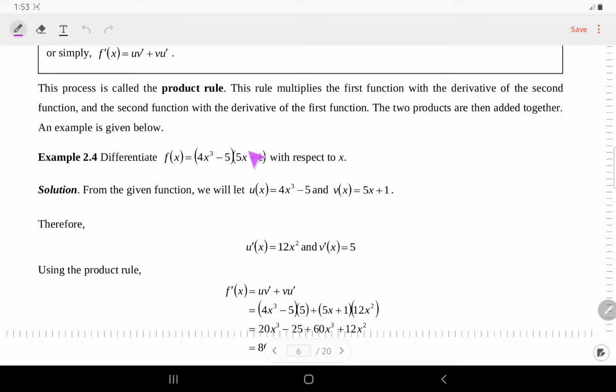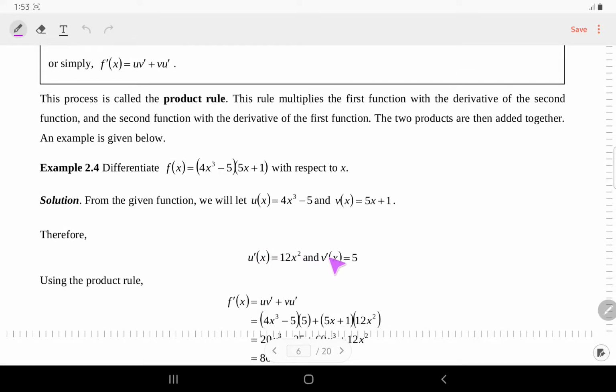And then we need to find our u prime and v prime, because we have u prime and v prime in the product rule. U prime will be inserted here, and v prime will be inserted here. So our u prime is from here, which is 12x squared. And our v prime is from here, which is equal to 5.